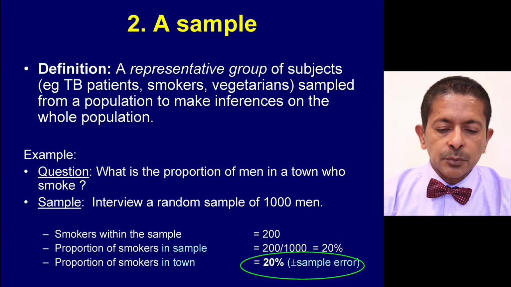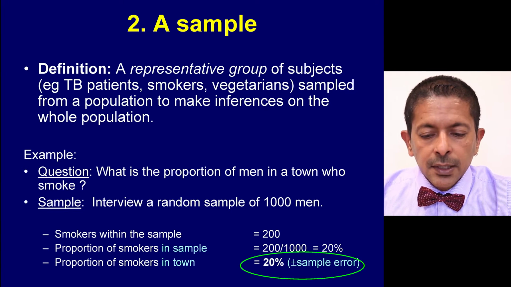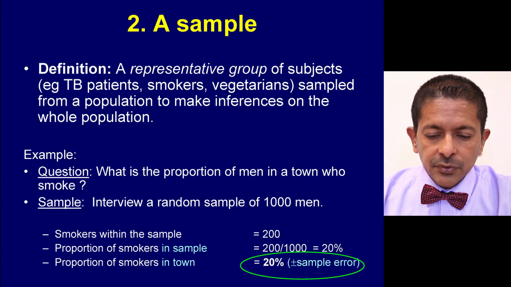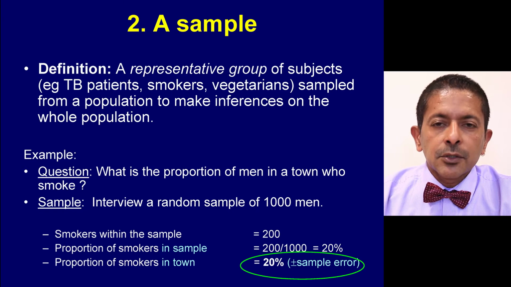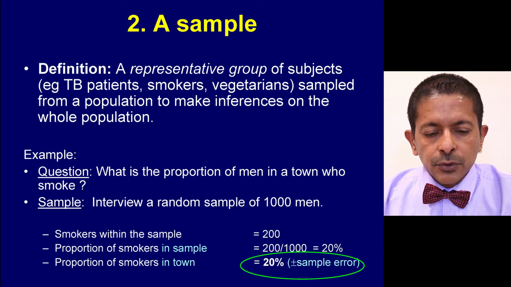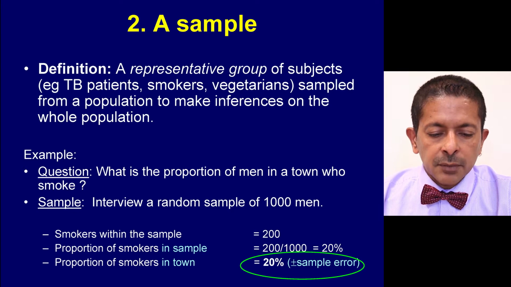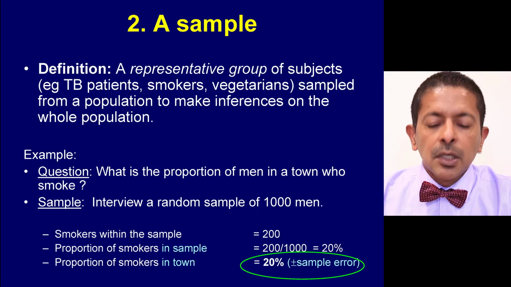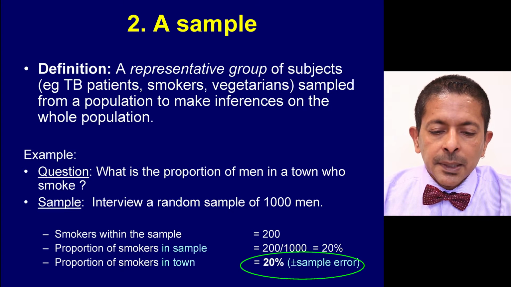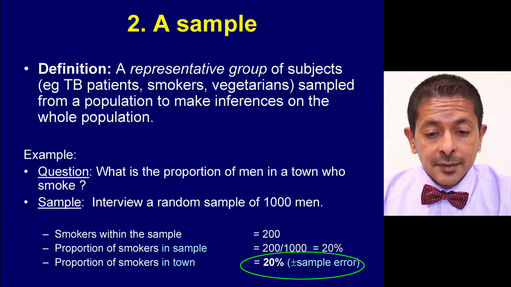Therefore, the proportion of smokers in the sample is 200 divided by the total you sampled, 1,000 people, so that's 20%. And if you want to make that inference on the whole population, you want to say the proportion of smokers in the town is therefore 20% plus or minus a sampling error. It's as simple as that.